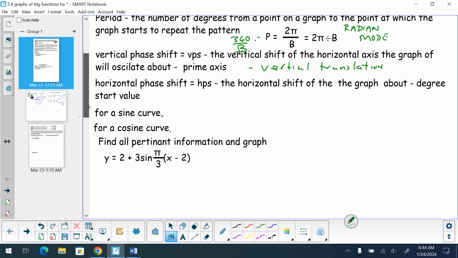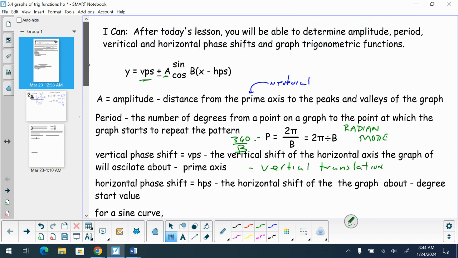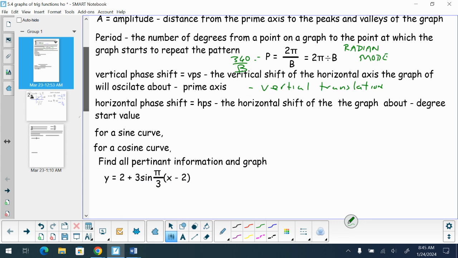Then we have a horizontal phase shift, the HPS. The HPS is the value that's being subtracted from our x variable. What value is being subtracted? This is your horizontal phase shift. It's the horizontal shift of the graph.